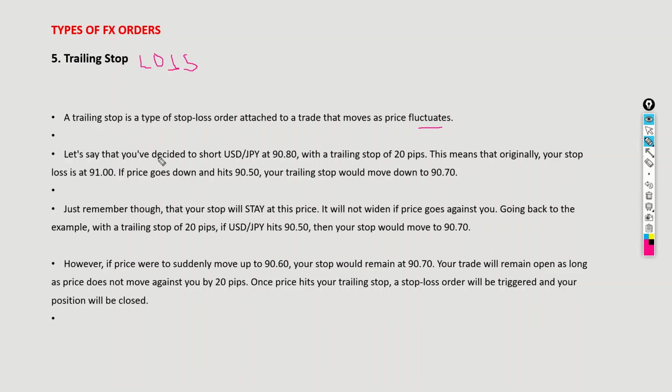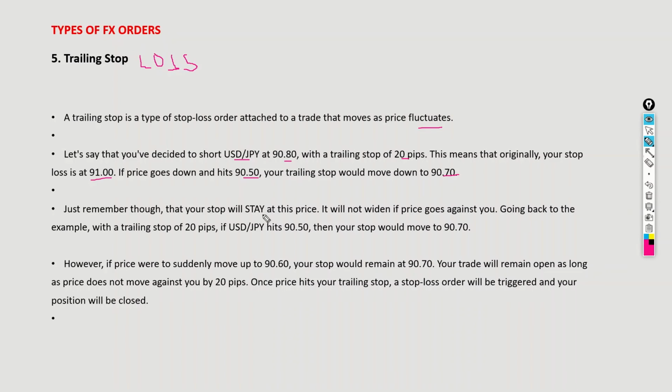Let's say that you decided to short USD/JPY at 90.80 with a trailing stop of 20 points. This means that originally your stop loss was at 91. Okay, if the price goes down and hits 90.50, your trailing stop would move down to 90.70.